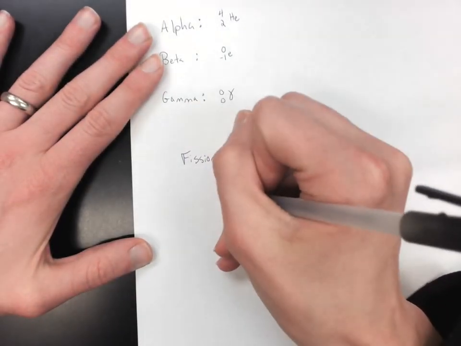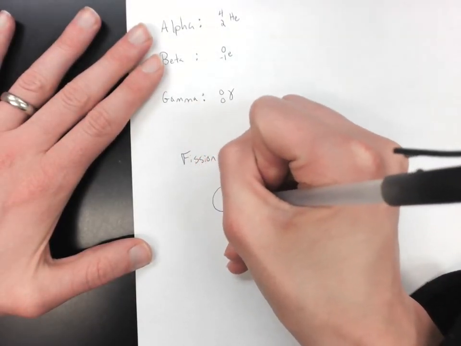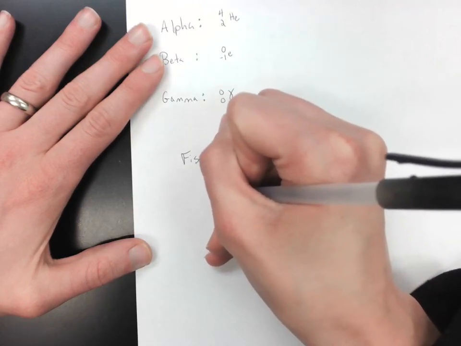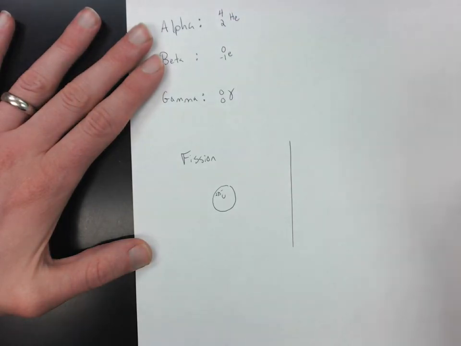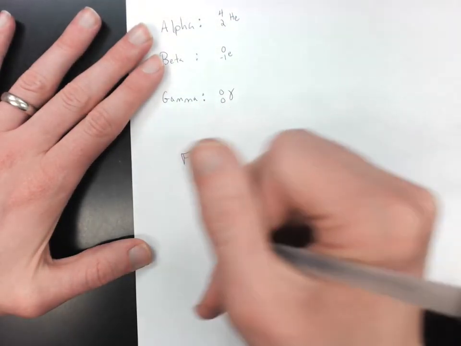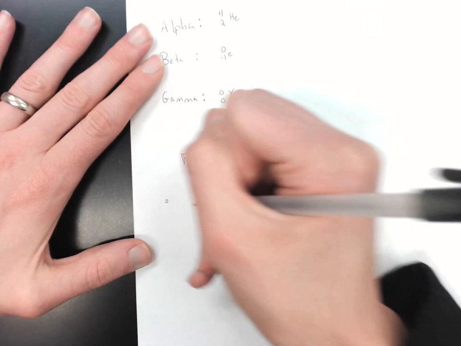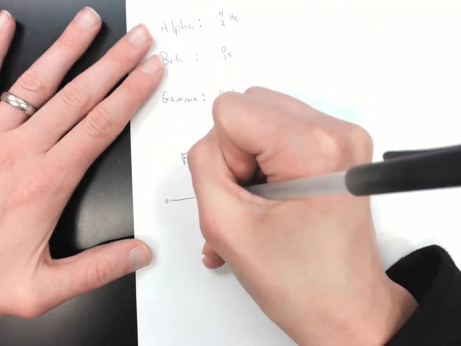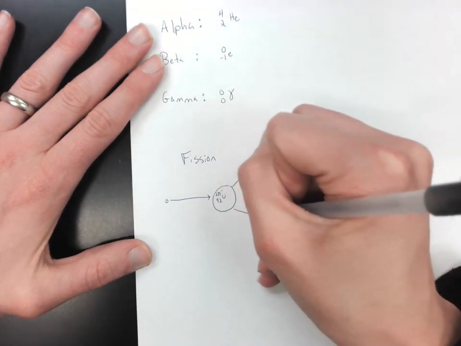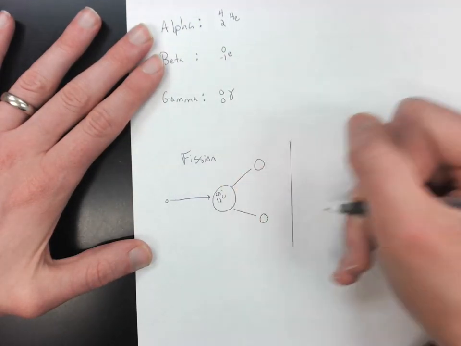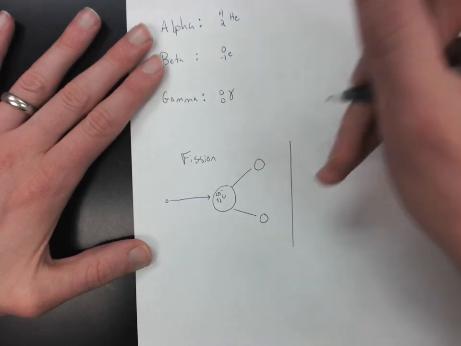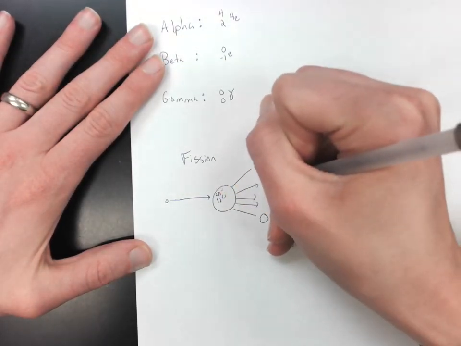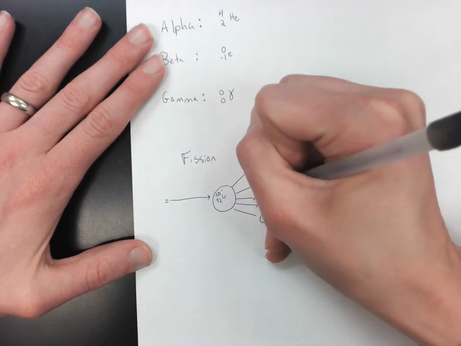Okay, a fission reaction is when you have a large atom, typically it's like uranium, so let's say 235, and uranium's 92, and what happens is you shoot a tiny little neutron at it. Okay, now that tiny neutron hits that uranium atom, and that uranium atom breaks into two smaller daughter nuclei, as well as three little neutrons.